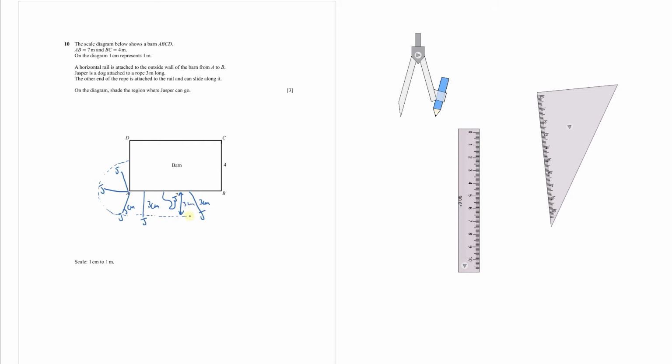And then again on this side, the dog can move 3 centimeters in this direction. So there will be another semicircle here of radius 3 centimeters, and then it will join this straight line. So the dog basically can move anywhere inside this region with the rope of length 3 centimeters, or 3 meters in the actual world. So let's draw this locus now that I have shown.